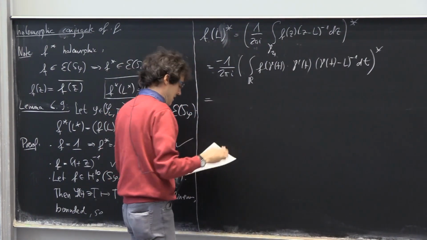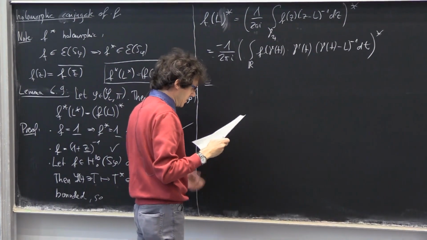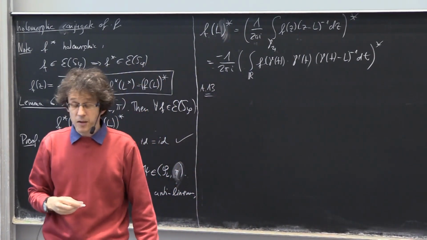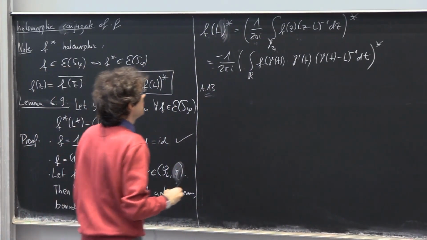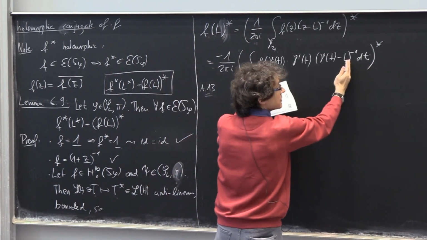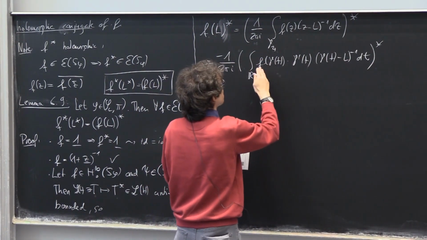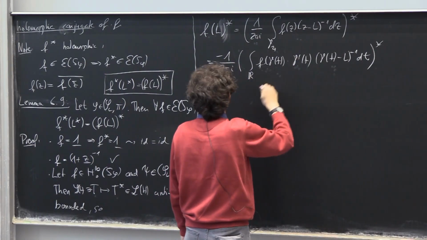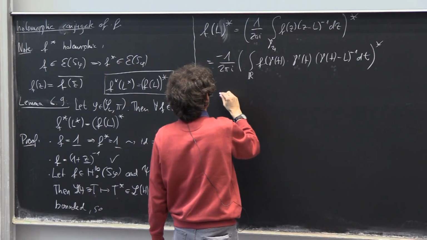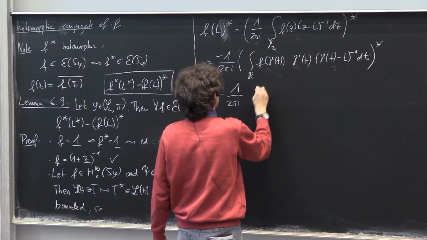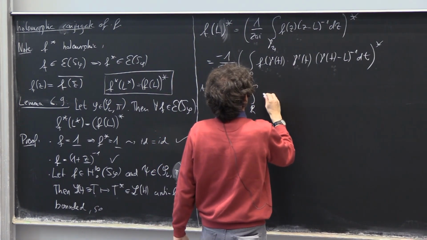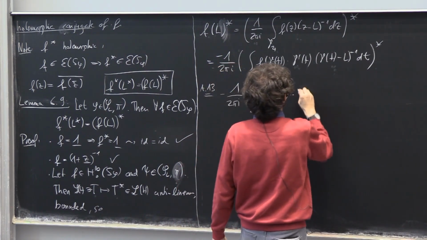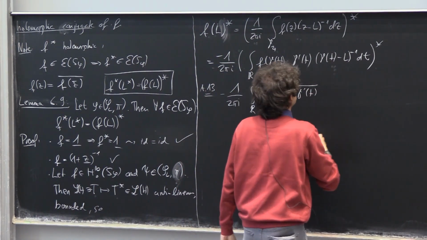Now, as doing the adjoint is a bounded antilinear operator, this is appendix A13, I can take the star inside the integral. What happens if I have the star here? These are complex factors, so they come out with the bar. So this is minus 1 over 2 pi i integral over R, f(gamma(t)) bar, gamma prime(t) bar.